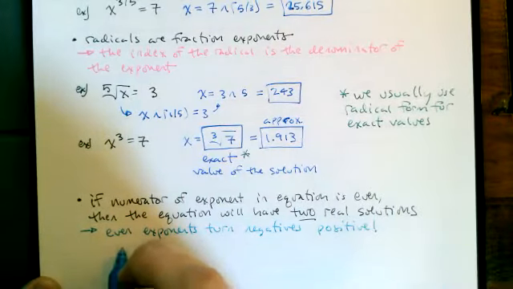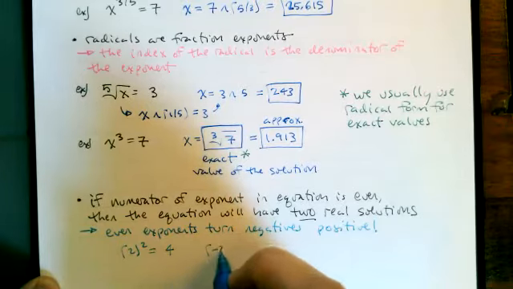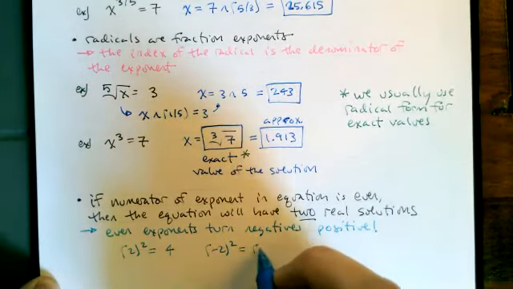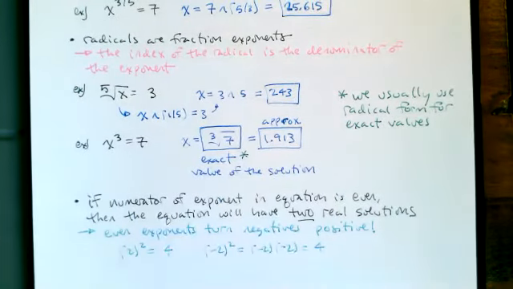So if I have 2 squared, that's going to give me 4, but also negative 2 squared is a negative times a negative, and that's a positive. An even power of a negative number is positive. Even exponents don't respect negatives, and they try to make them all positive. And so this is where the two real solutions are going to come from.